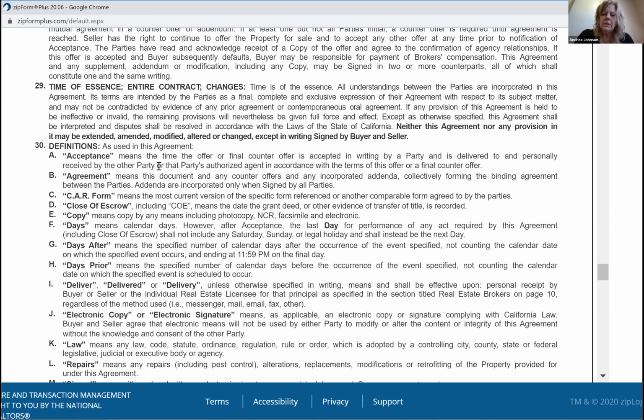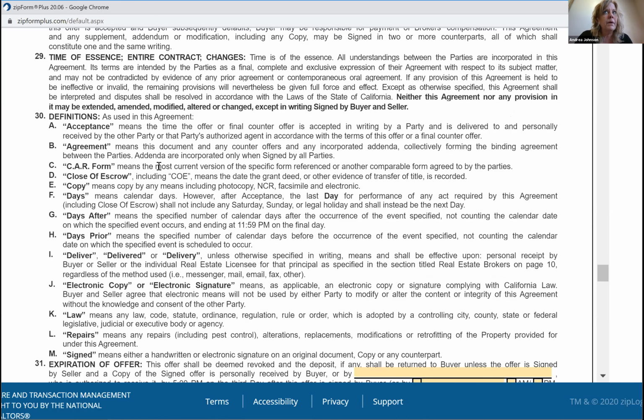Okay. So, this brings up a frequent misconception. In the MLS, it says the refrigerator is included, but I didn't put it at paragraph 8. Well, why didn't you? Because if it's not here, it doesn't matter what the MLS says. It doesn't matter all the property features listed in the MLS if they're not fixtures of the property, and if that's not a built-in Sub-Zero or comparable refrigerator that's built in and is a fixture.